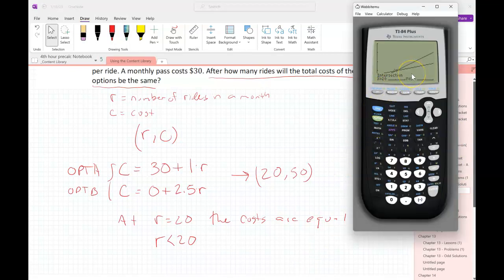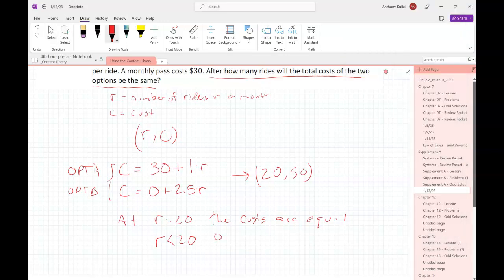If you go back and look at our graph, this line here is option B. Notice before they intersect, option B is lower than option A. That means it's the cheaper one. And after 20, option A is the better option.